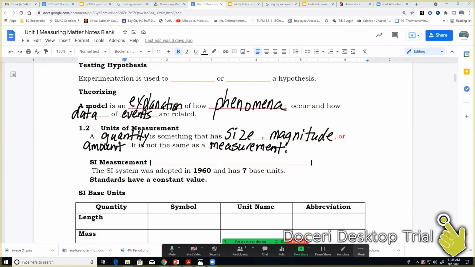The SI measurement, or the SI unit, is another name for the metric system, and that's called System International. That's what it stands for. It was adopted in 1960, and it has 7 base units.